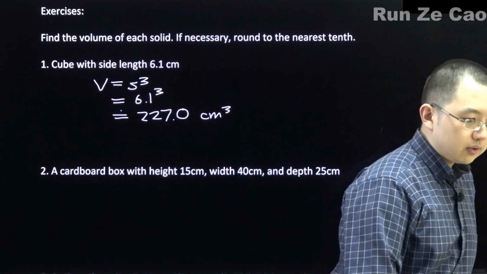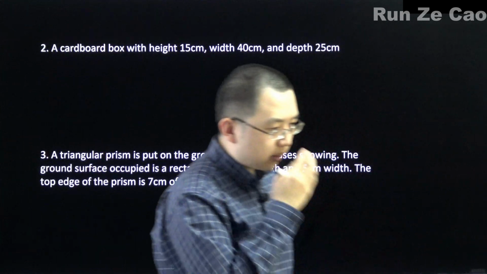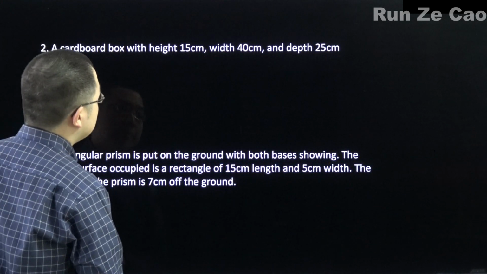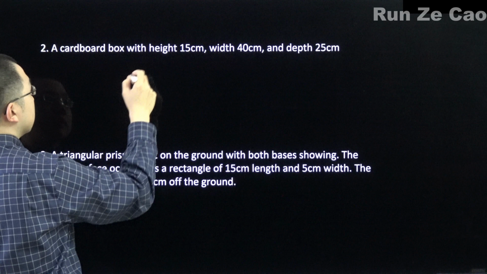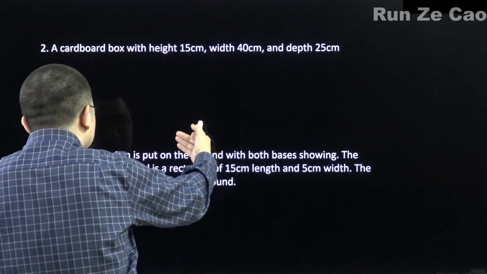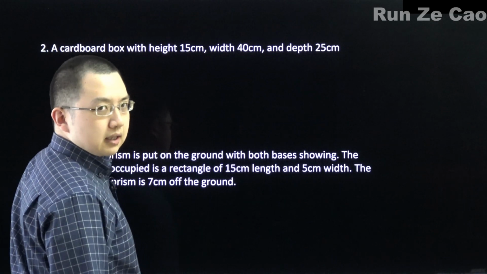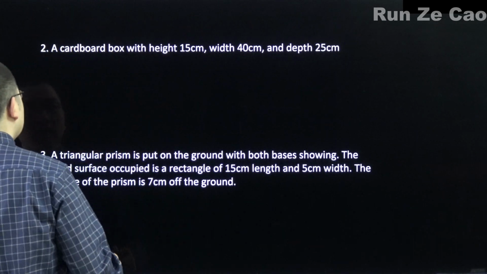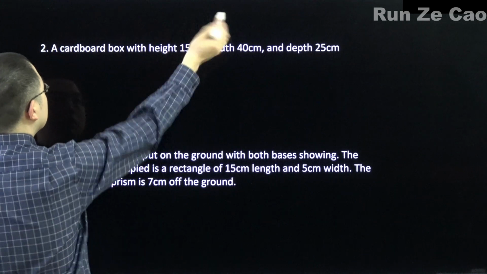A cardboard box with height 15 centimeters, width 40 centimeters, and depth 25 centimeters. So, we're talking about how tall it is, how wide it is, and how deep we go inside. Yeah, that's the same 3 dimensions, so length, width, height, basically.